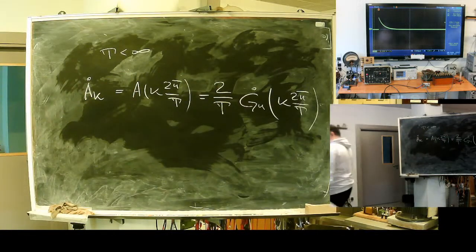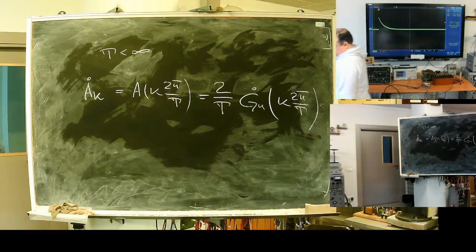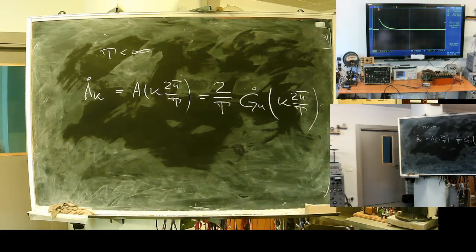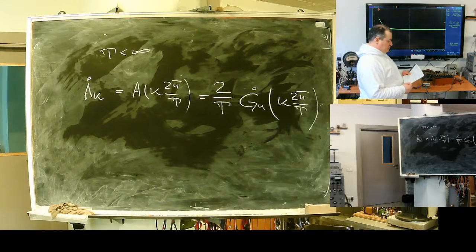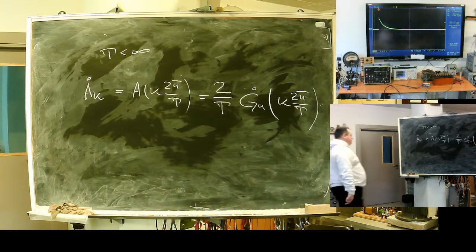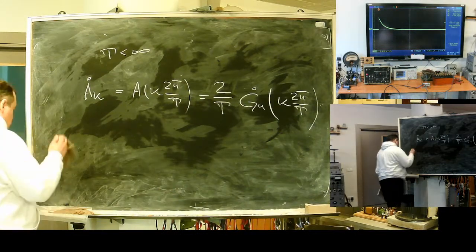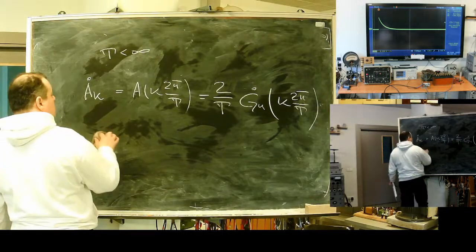Classical Fourier law coefficients are values of spectral function taken at particular frequency. It's number one. Now, approach to inverse Fourier transform.